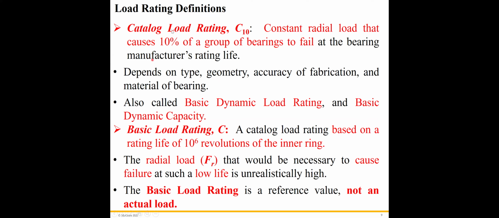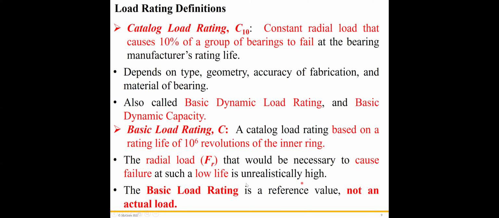The difference is that C10 is the load at which 10% of the group of bearings fail, and C is rated for a life of 10 to the 6 revolutions of the inner ring. The radial force that would be necessary to cause failure at such a low life is unrealistically high.